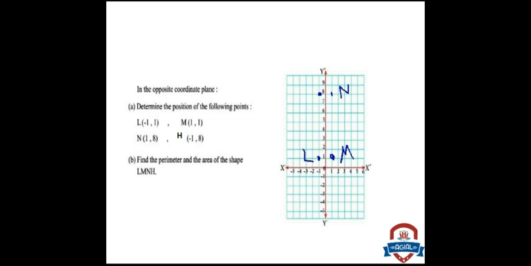B. Find the perimeter and the area of the shape L, M, N, H. The shape L, M, N, H is a rectangle.